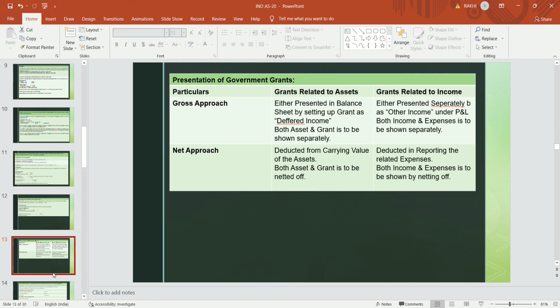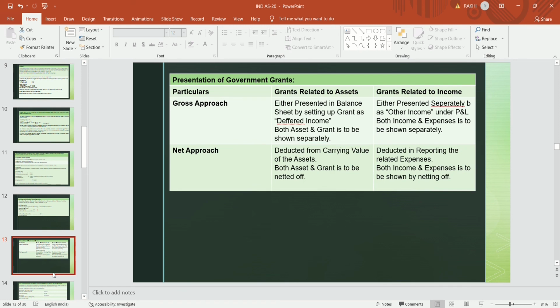In a net approach, the grant is reduced from the carrying value of the asset. Both asset and grant are netted off, whereas in the gross approach both are seen separately.